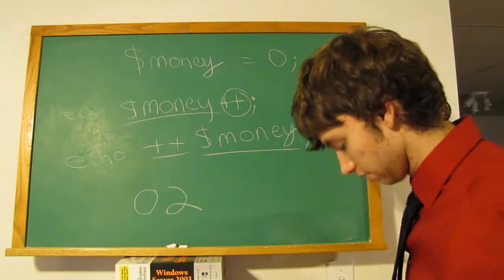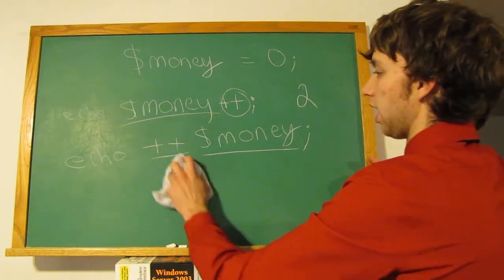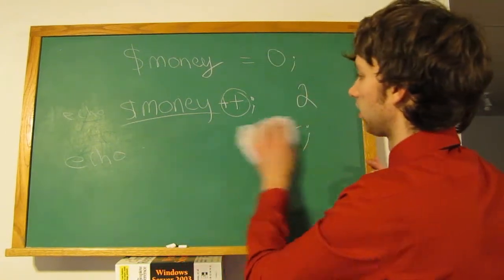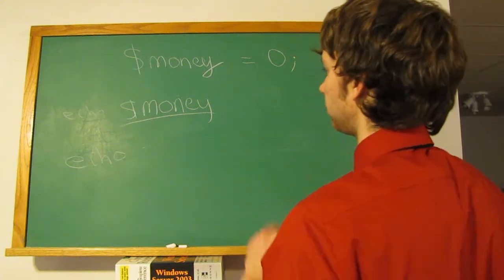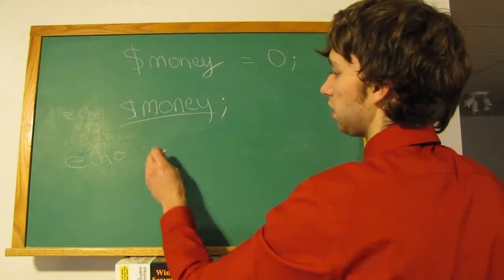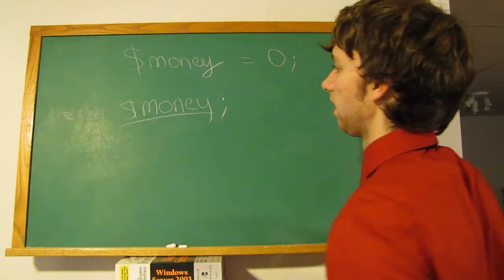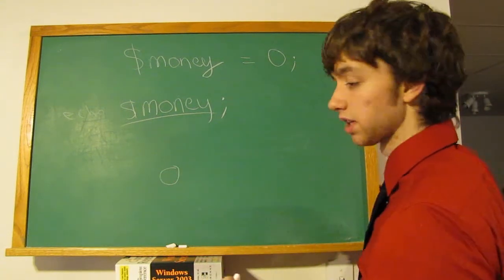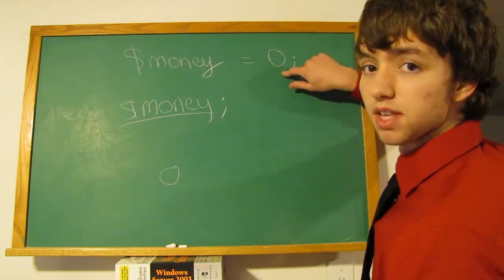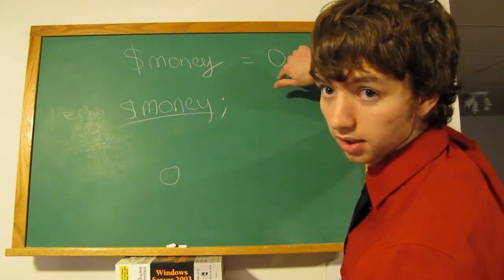So let's say, just to try things out, I take away this increment. So all we have right now is this. Echo money, just like that. What's going to be sent to the browser is a 0. That's pretty simple to understand because that's the value money was assigned.